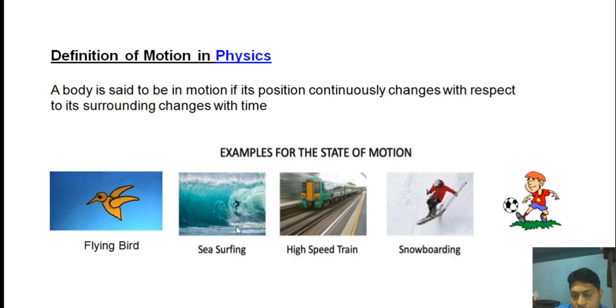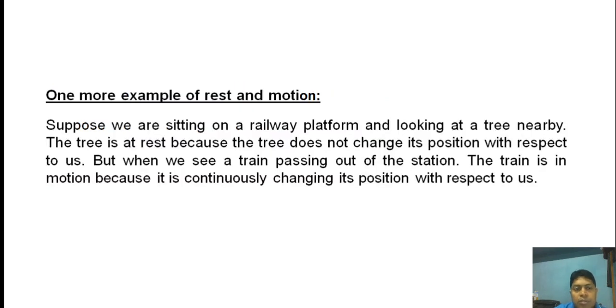Sea surfing, high speed train, snowboarding, a boy playing football. All these are examples of the state of motion. Playing football is one more example of the state of rest and motion.